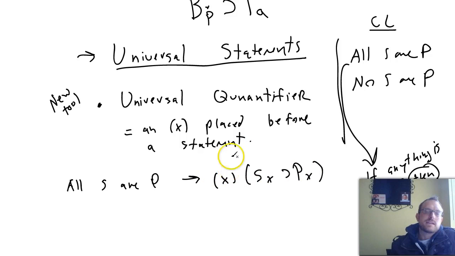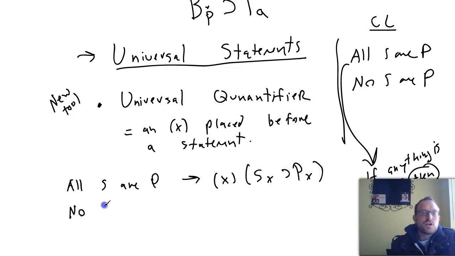The X here is a universal quantifier, so it stands for anything in the universe, really. So if there's an X anywhere in the universe, if that X is an S, then that X is also a P, okay? That's really what that statement does. This universal quantifier says, here's the X, and it's saying if there's an X in the universe, and that X is an S, then that X is also a P, okay?